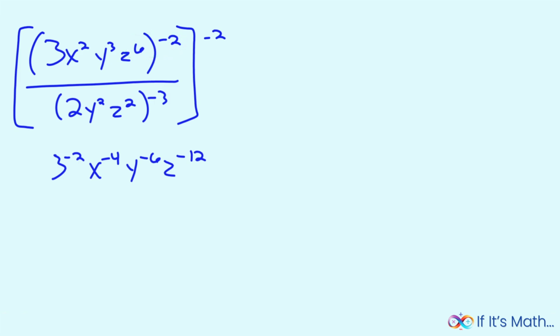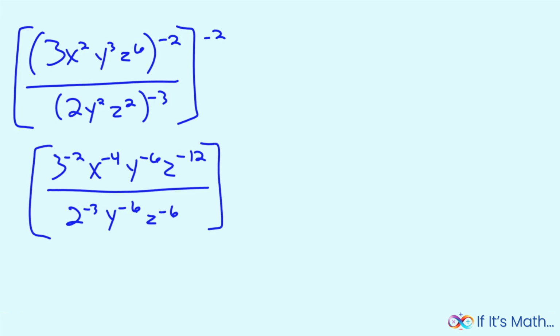So that's all going to be over 2 to the negative third, y to the negative sixth, because it's 2 times negative 3, and then same thing with the z to the negative sixth. Then don't forget, still got all this raised to the negative second power. So all I did with this step is just take this negative second power, distribute it through all these things, take this negative third power, and distribute it through all these things.